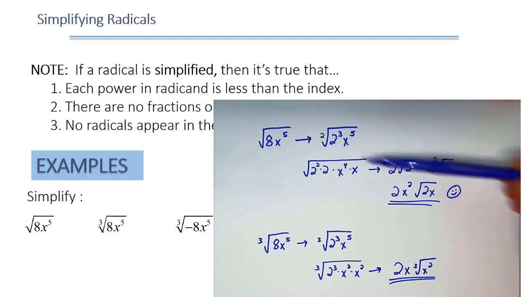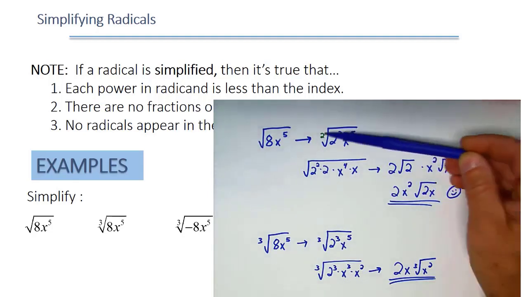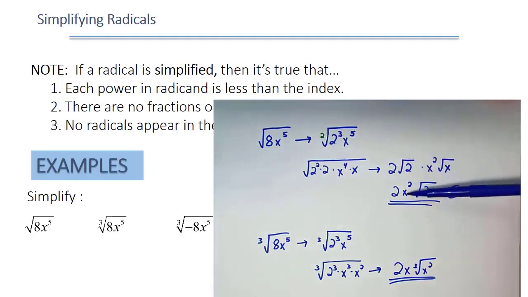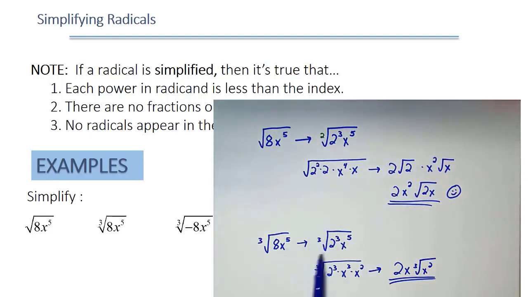So it pays bail once and slips out to the front. And there's 1 2 left inside because we had a 1 power of 2 or $1 left over. X to the fifth, if bail is only 2, it can pay that twice. And so the x escapes 2 times, leaving us with x squared, and there's 1x left behind. Down here, we have the cube root of 2 cubed x to the fifth.